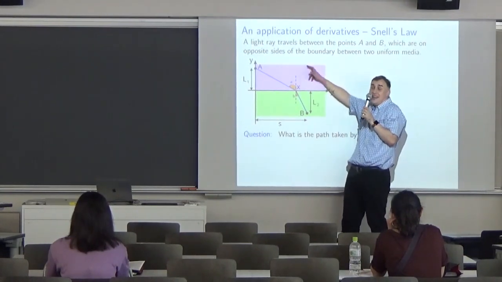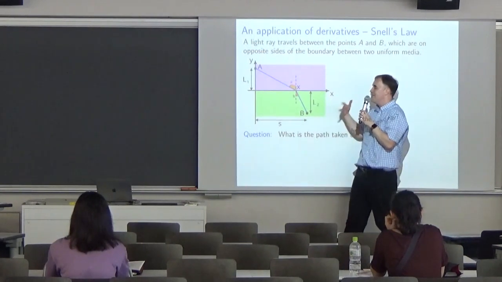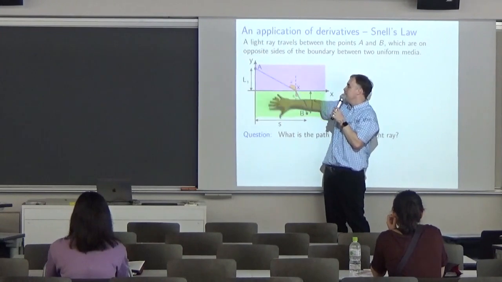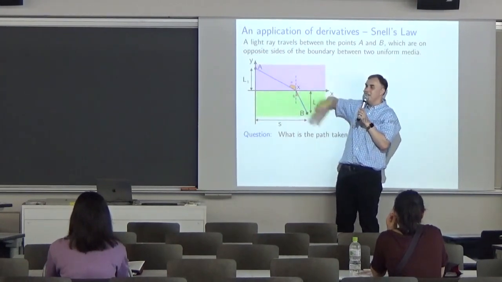Right, so we haven't assumed that yet. I drew it in the diagram, but I haven't actually proved it. But those three statements make sure that in the upper medium and the lower medium, the light ray has to be a straight line.